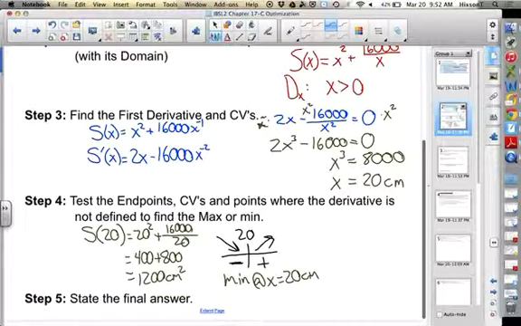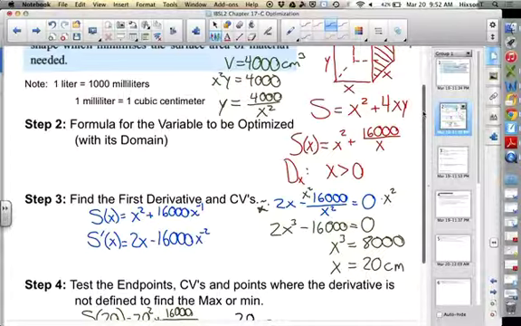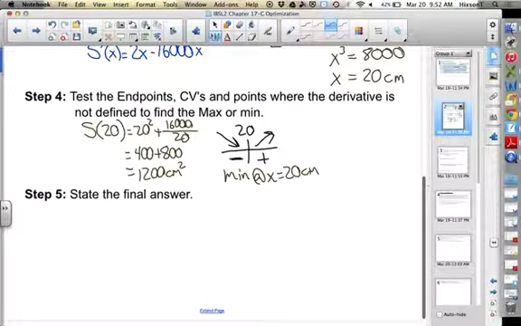Well, our final answer, not quite. It says give the shape that would minimize your surface area. I only have X so far. I need to go back and figure out what Y would be. Remember, Y is 4,000 divided by X squared. So our final answer is going to be the base is 20 by 20 centimeters.